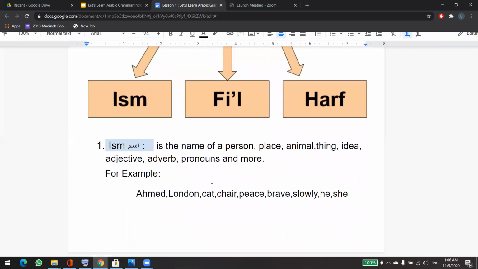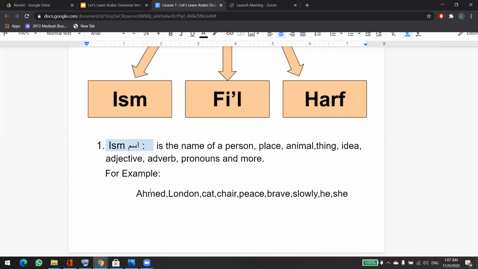Ism is the name of a person, place, animal, thing, idea, adjective, adverb, pronouns, and more. So ism includes so many things: name of a person, place, animal, or thing, or idea. It seems like all nouns are included, and all adjectives, adverbs, and pronouns are also included.